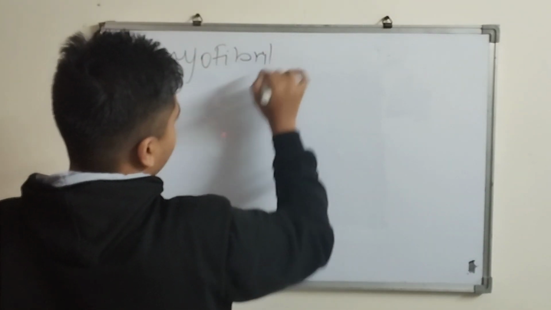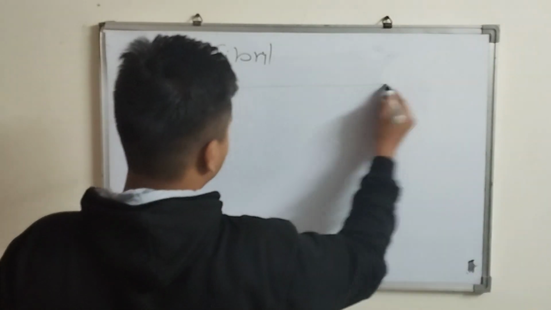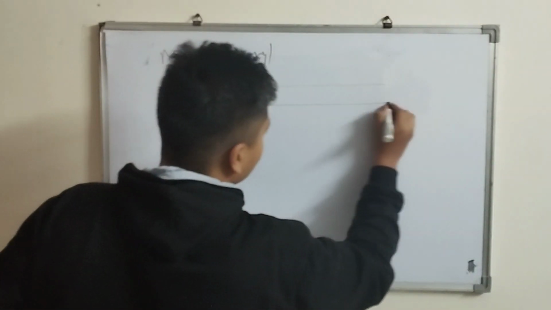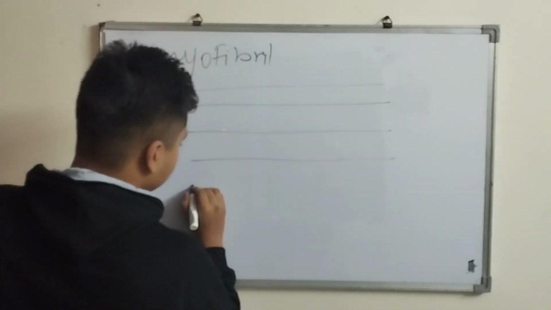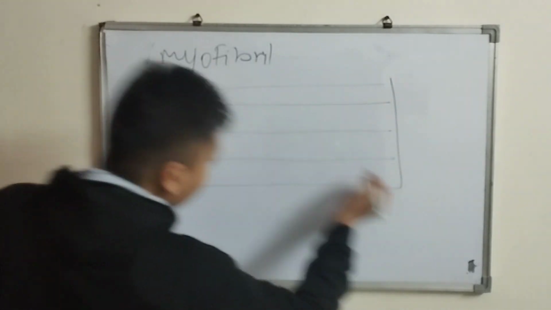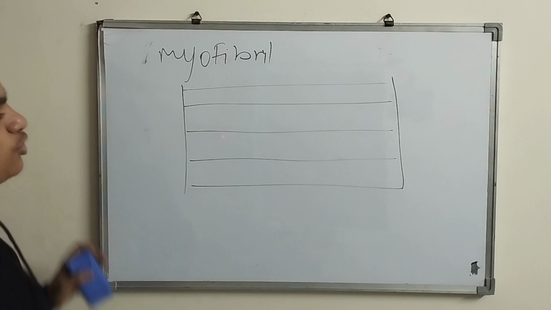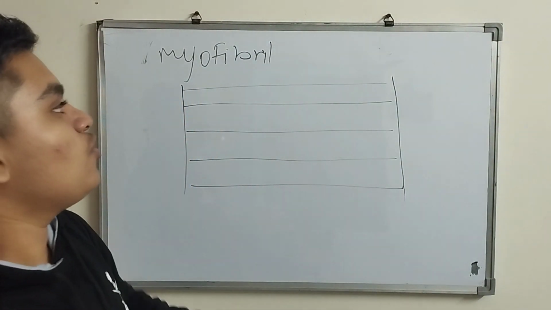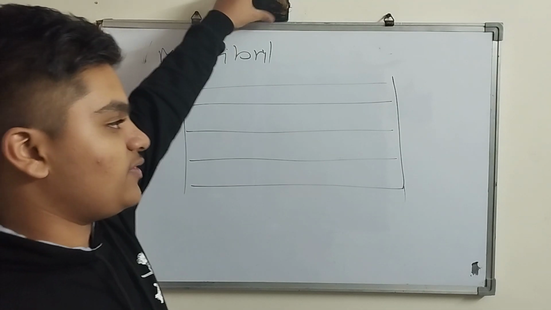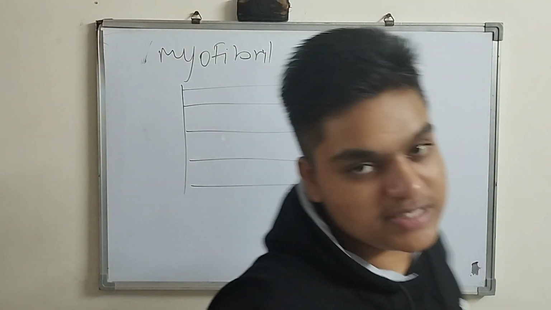Now, what is a myofibril? This is how myofibrils look. I'm drawing a group of myofibrils, and these myofibrils together form your muscle fiber, and muscle fibers wrapped around by the fascia form your fascicle.